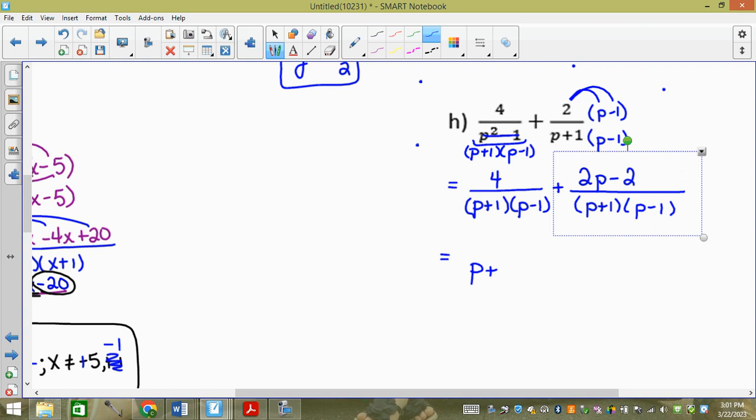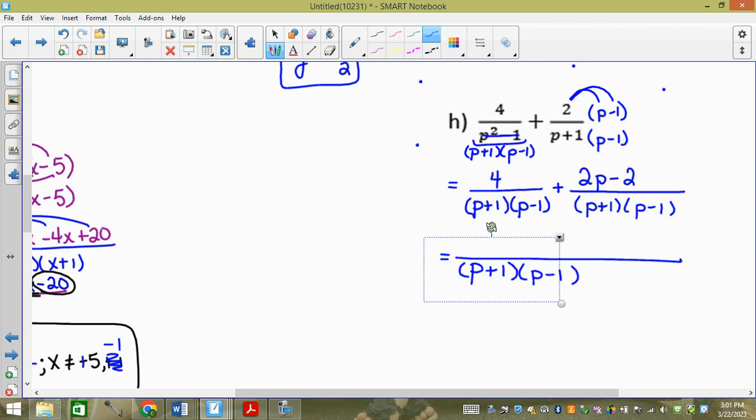So p plus 1, p minus 1. This thing that keeps drawing is driving me nuts. 4 plus 2p minus 2. So we could do 2p. And then 4 minus 2 is positive 2.